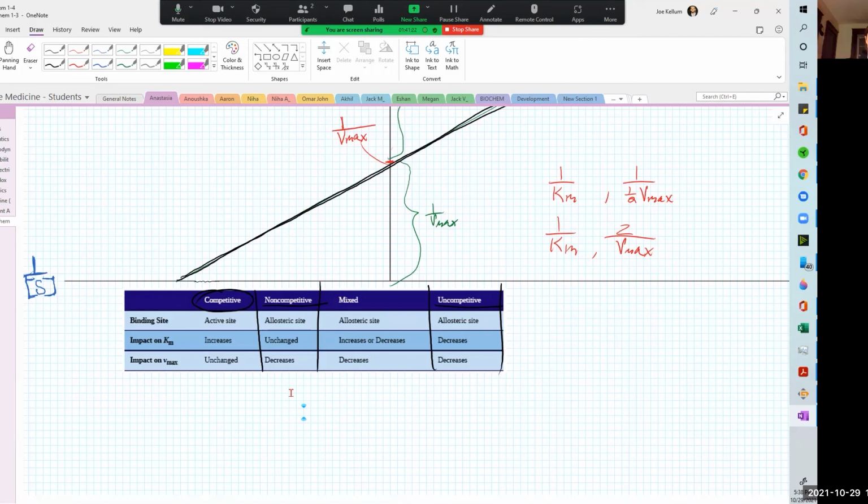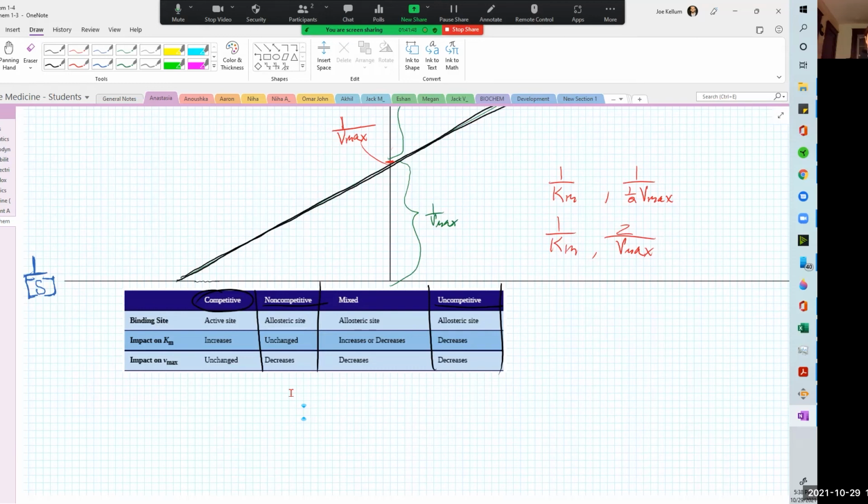You can reason your way through it if you just memorize what each of these prefers to bind to. Some of them will bind to the empty enzyme, and some of them bind to the enzyme substrate complex, and whichever one you're referring to allows you to predict what's going on here.